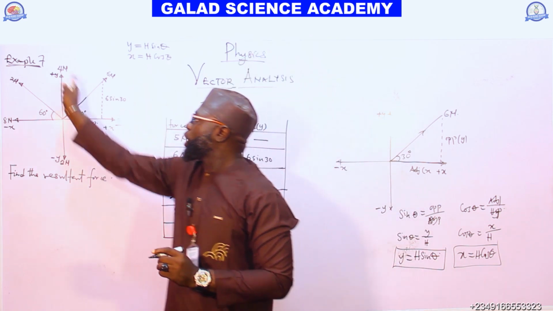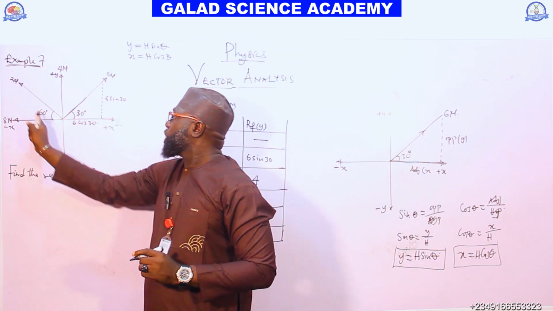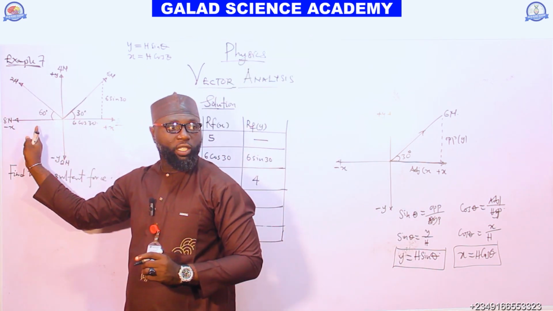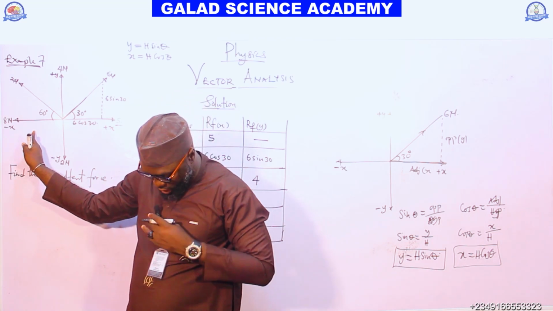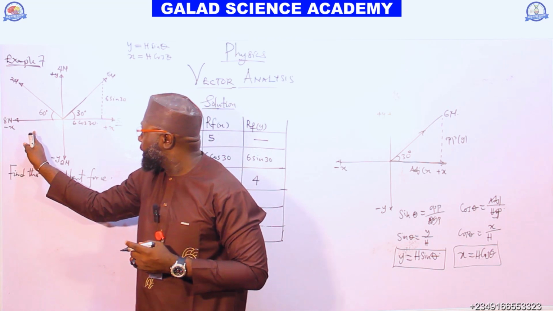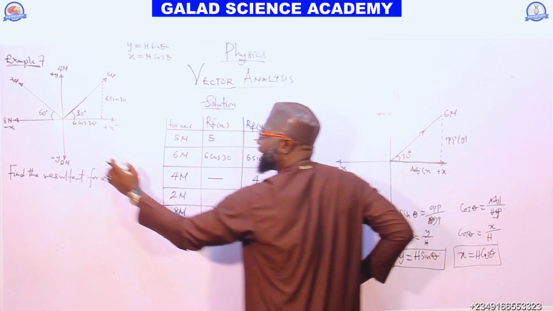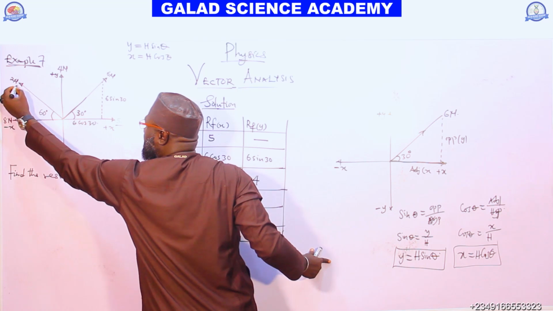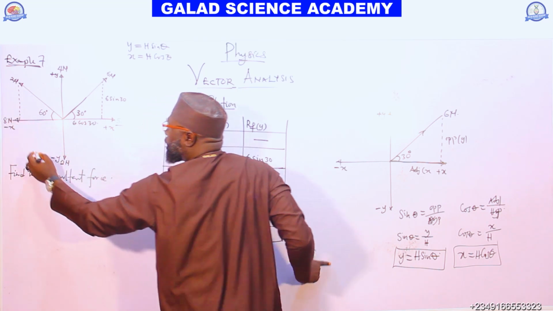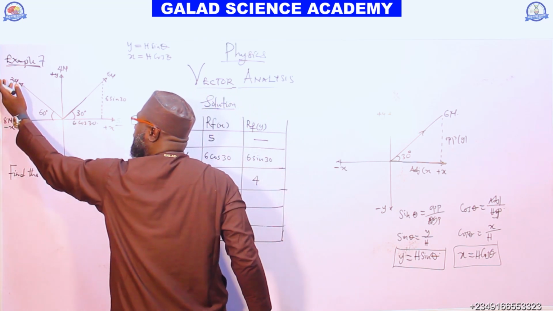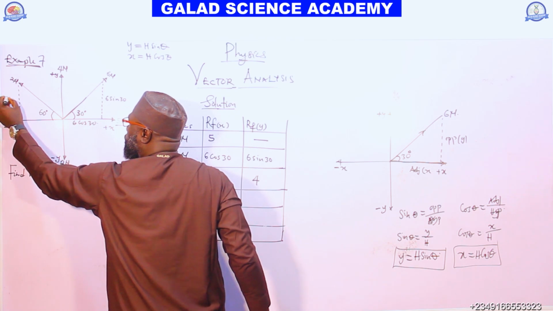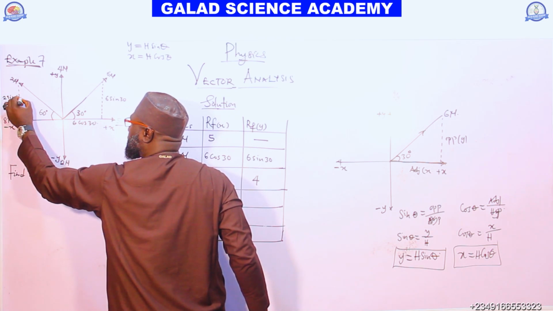So the next thing we want, move to the 2 Newton. The 2 Newton is inclined through angle 60 degree. So to know the vertical for this 2 Newton is 2 sine 60.